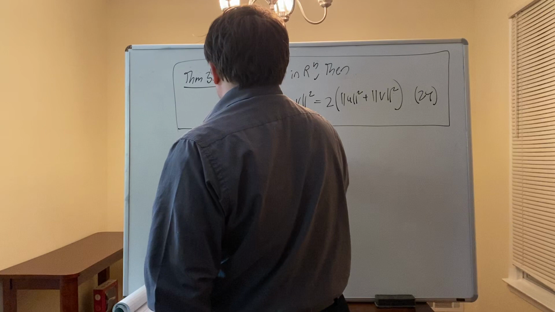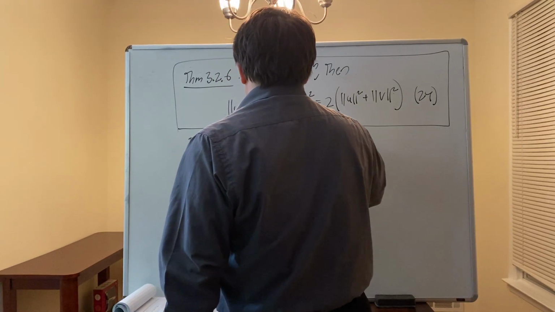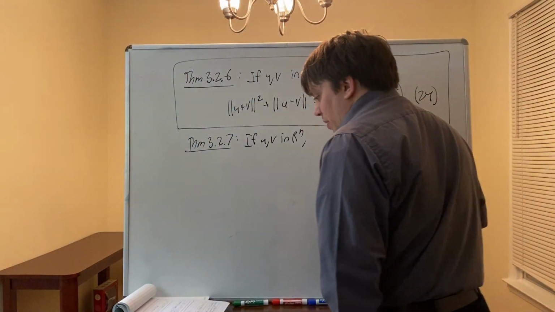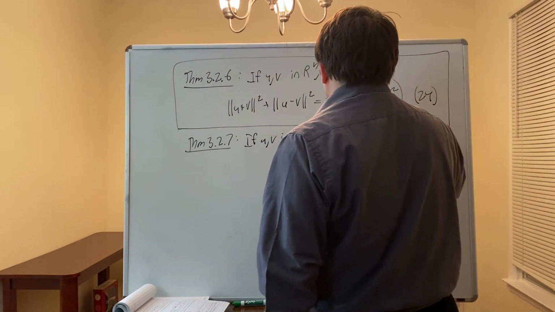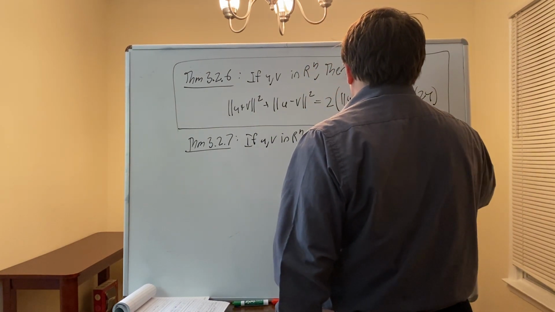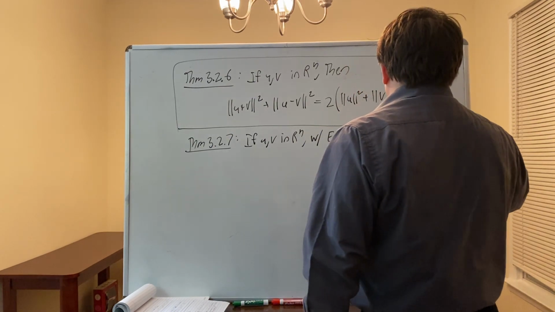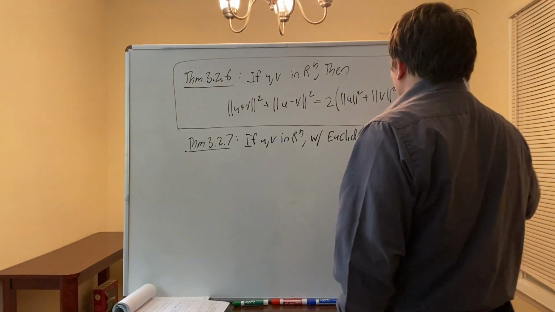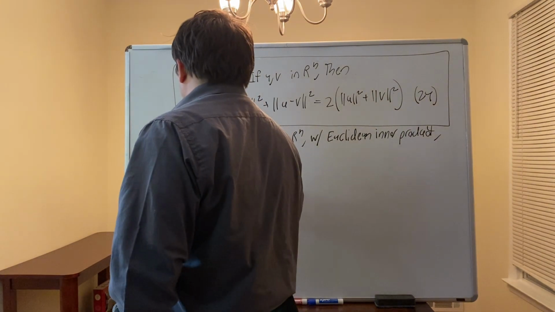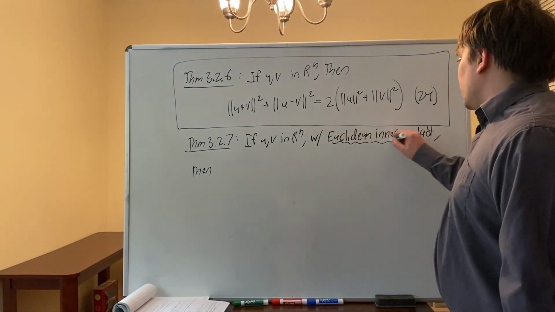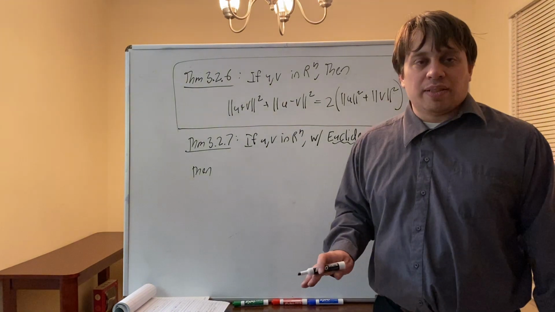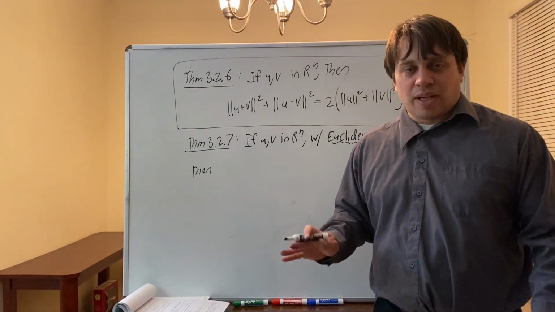If u and v are vectors in Rn, so if u and v are vectors in n space, with the Euclidean inner product, okay, by Euclidean inner product, I'm just being more specific about the right way to state the dot product.